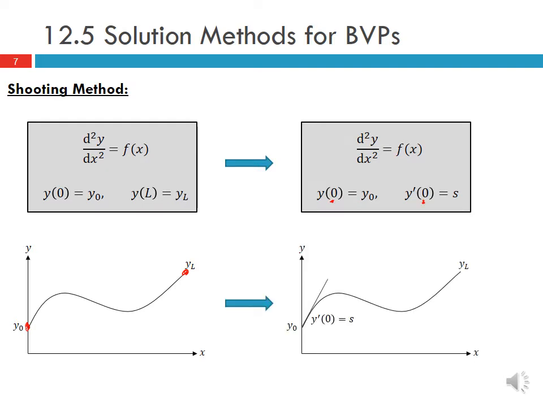Here we've kept our one boundary condition y of 0, and we've converted the other one to specify the derivative of y at 0, which we say is some value s. Then we can use our IVP solution methods to find our solution across the whole domain, and we end up getting some value at the end, y of L. Then we vary this value s until y of L matches our specified value YL.